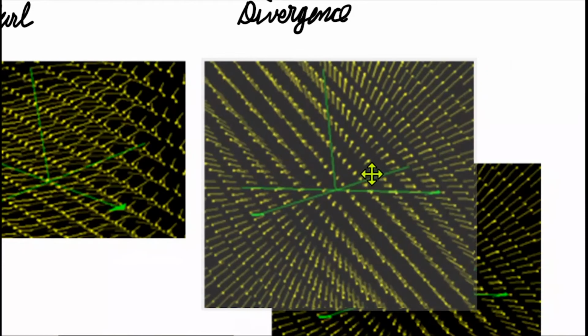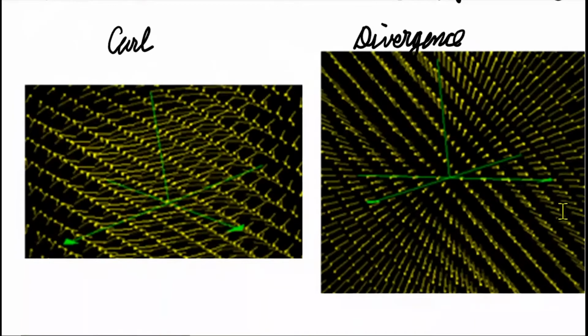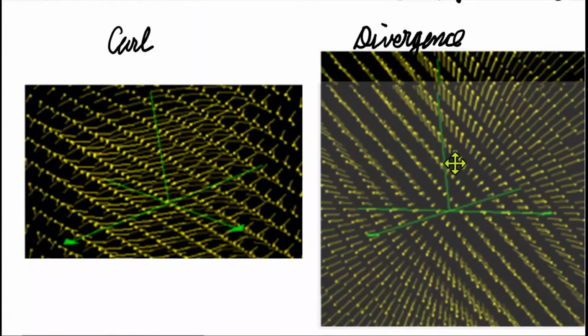The names suggest one measures one and the other measures the other. You would think curl will measure something like this, and divergence will measure something like this, because this is a diverging field and this is a curling field, like the tornado we started with. Let's see if it really does what it's supposed to do.